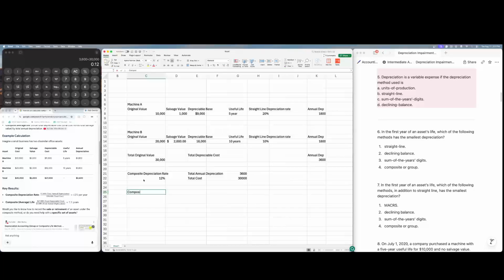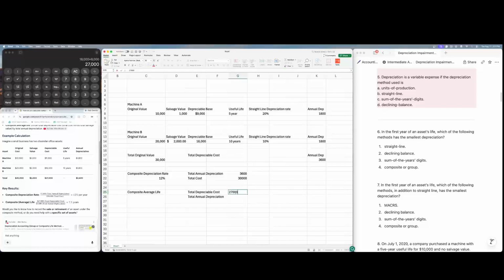The composite average useful life is going to be the total depreciable cost divided by the total annual depreciation. Okay, so the total depreciable cost is going to be 18,000 plus 9,000, 27,000.